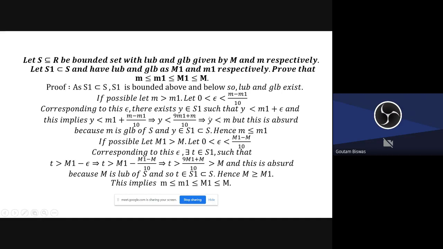is less than m, because this part gives you y less than m. But this is absurd, because y less than m, what is m? Because m is the greatest lower bound of S, and y belongs to S1, which is contained in S. So m must be less than m1.